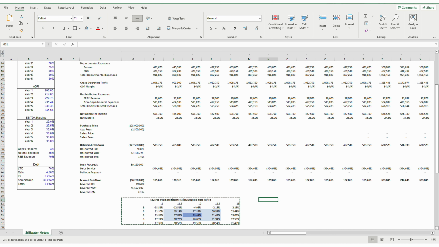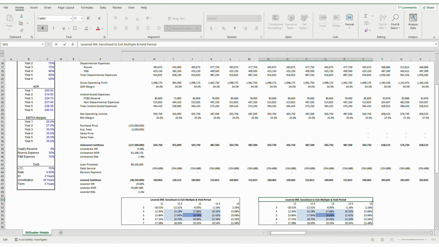I copy my levered IRR table and use it as a base for the whole dollar profit sensitivity analysis.